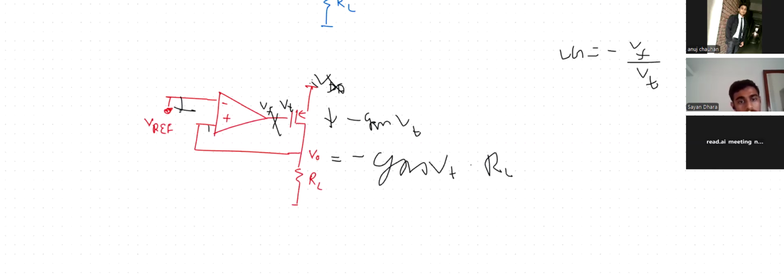So we know that V positive minus V negative, whatever that is, times A equals V output for an op amp. So minus GM into V test.